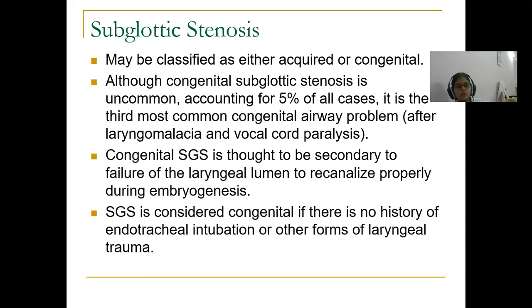Congenital subglottic stenosis is thought to be secondary to failure of the laryngeal lumen to recanalize properly during embryogenesis. Subglottic stenosis is considered congenital if there is no history of endotracheal intubation or other forms of laryngeal trauma.